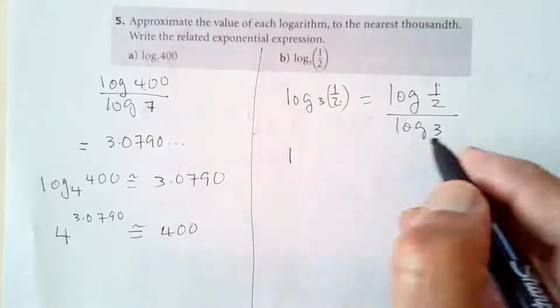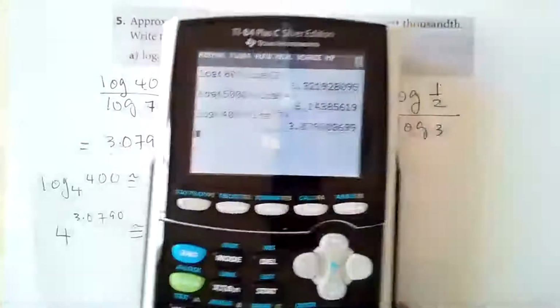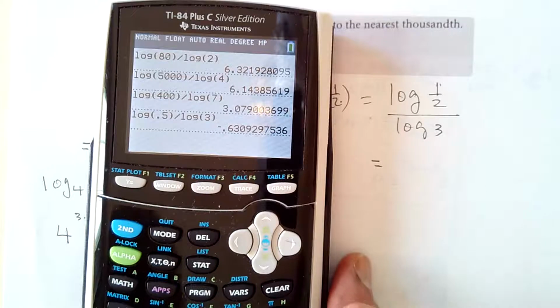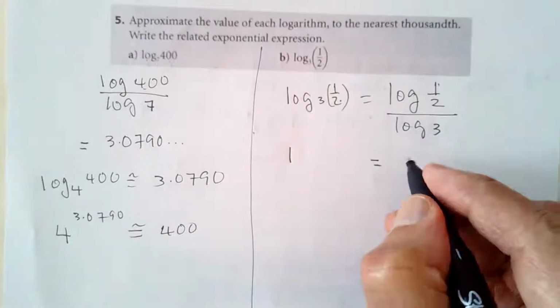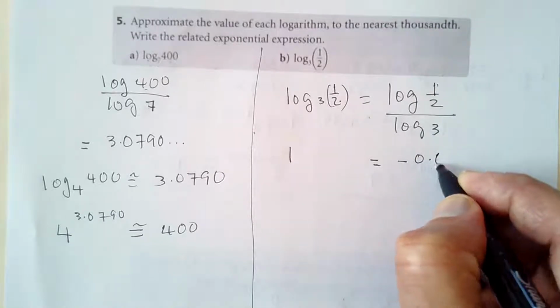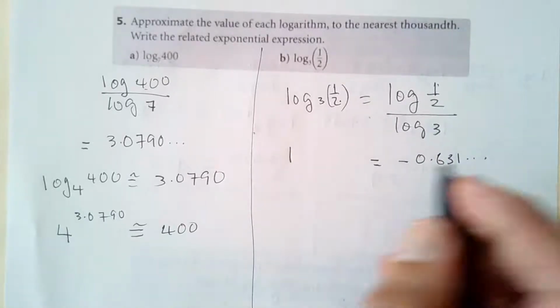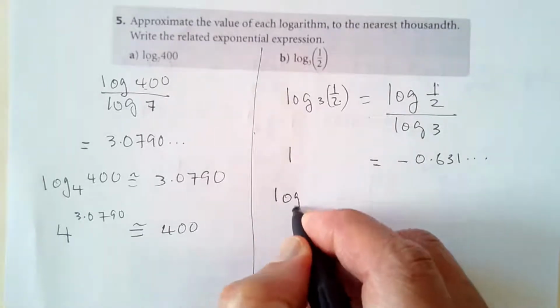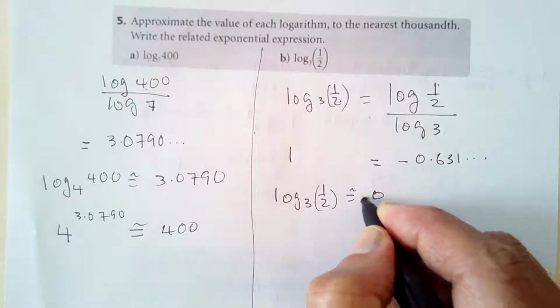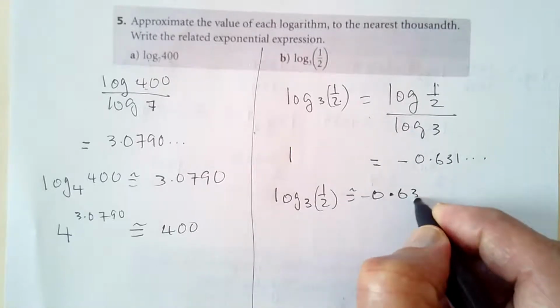So log 0.5 divided by log 3 gives us negative 0.6309, etc. Log base 3 of a half is approximately negative 0.631.